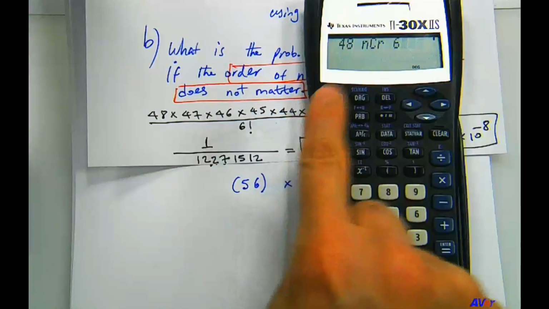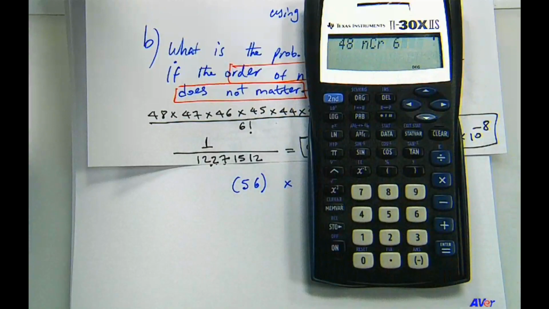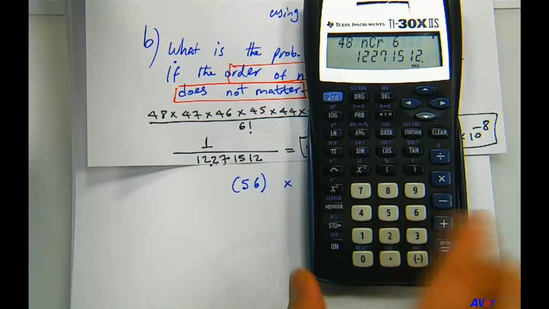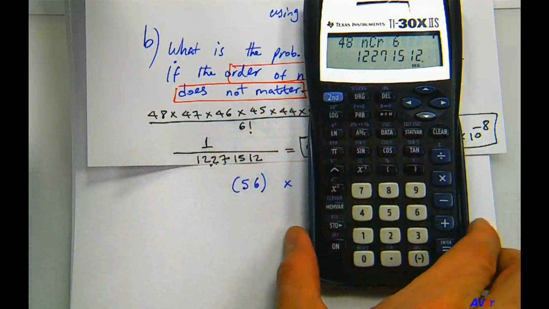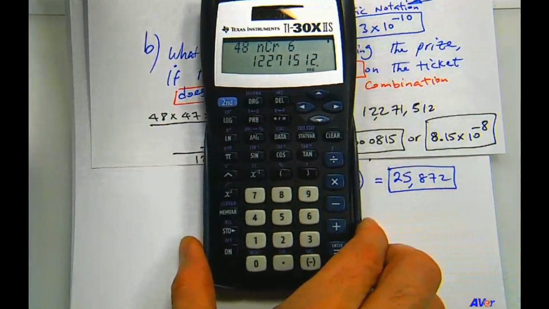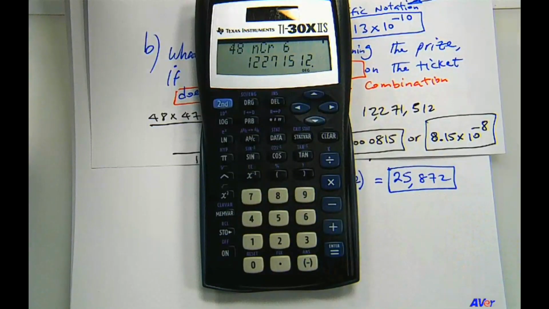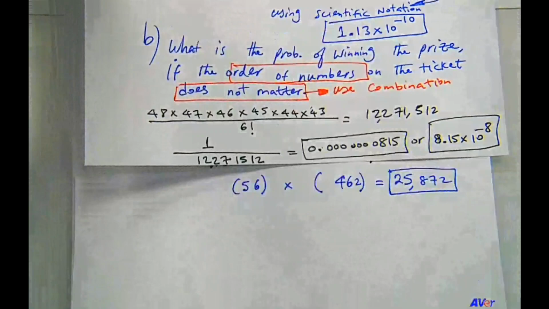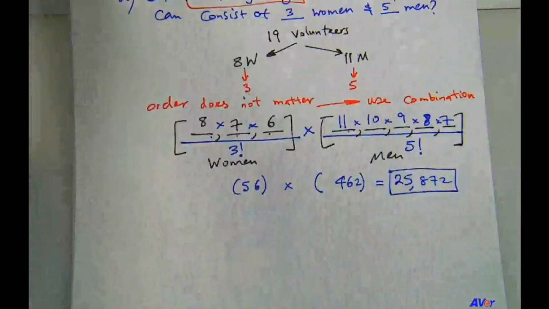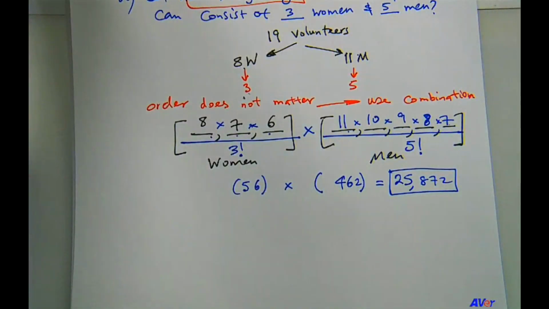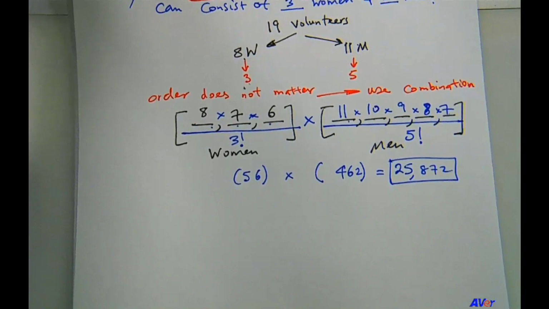So that's 48 choose 6, which is when order does not matter for part B. And we have that number, which is right there. Okay, so this is just showing you the calculator way of coming up with those numbers, whereas what I'm showing you is the reason why we have these numbers.